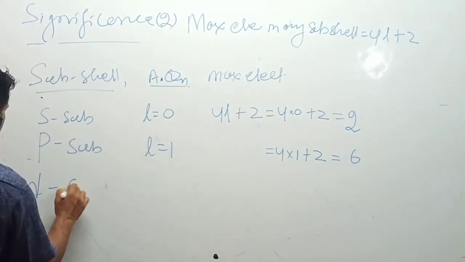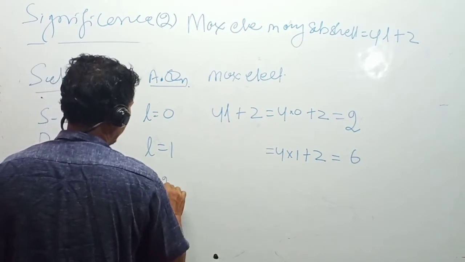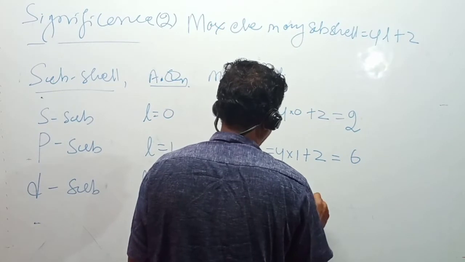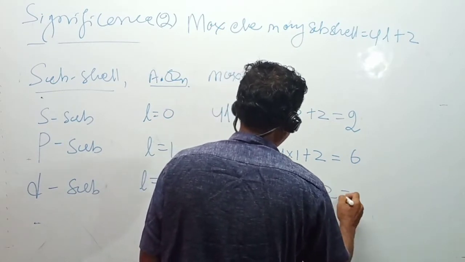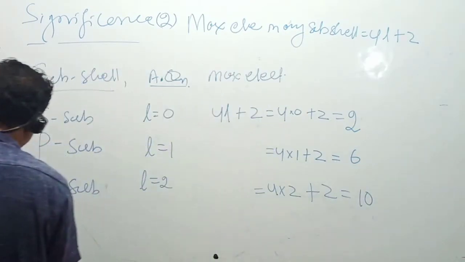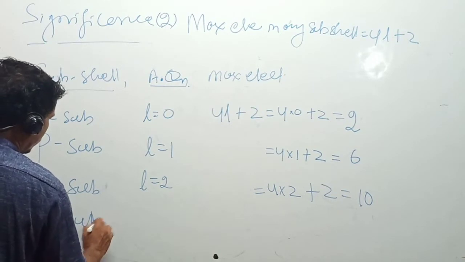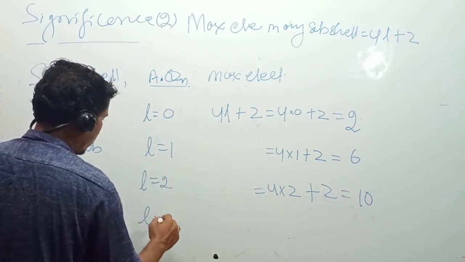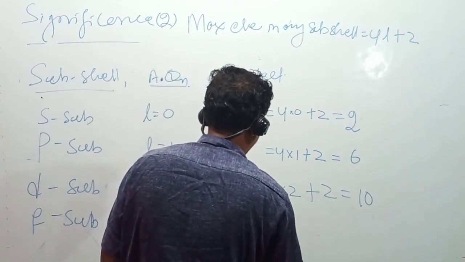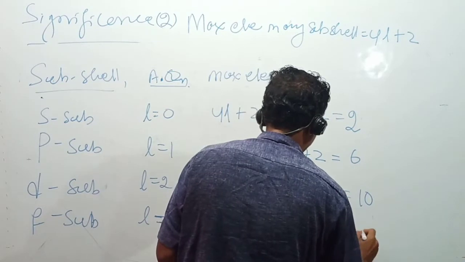D subcell, L equal to 2, maximum electron will be 4 into 2 plus 2, so it will be 10. For F subcell, L equal to 3, maximum electron will be 4 into 3 plus 2, it will be 14.